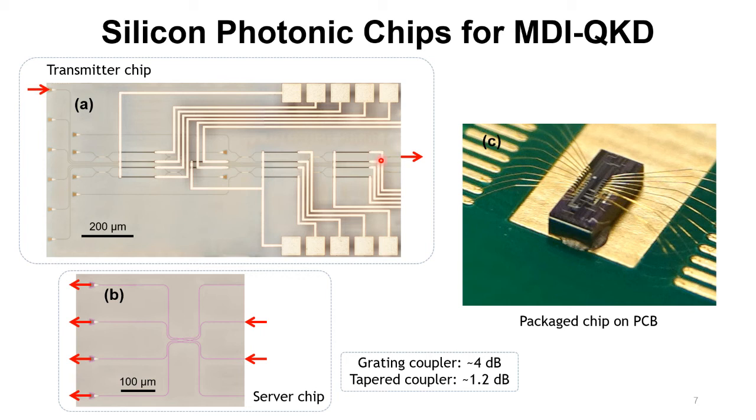The encoded polarization states are coupled out by a tapered waveguide coupler because it can support multiple polarizations and provide much lower loss, about 1.2 dB. For the server chip, the two inputs are two tapered couplers, and the outputs are four grating couplers.